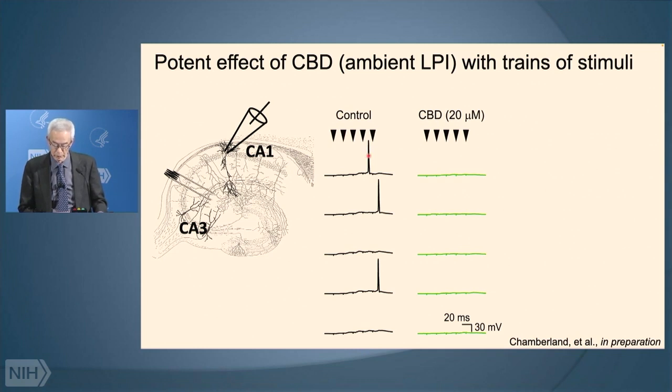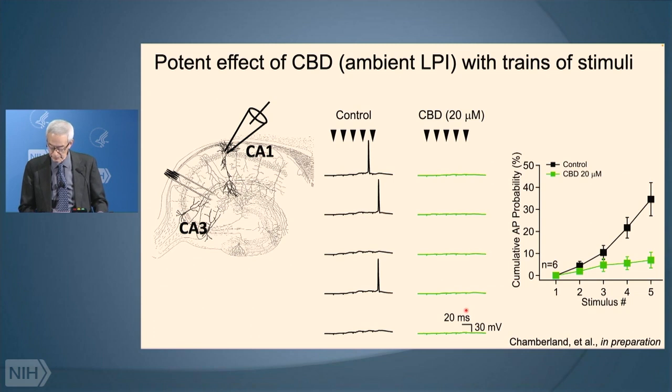In the control, in this slice, there may be one spike, maybe 0 spikes, but not very many spikes. In the presence of CBD, all the spikes are completely gone. And on average, there is a very prominent change in the stimulus number dependence of whether there's an action potential or not. Excitability is greatly decreased in the pyramidal neuron. So why does this occur?